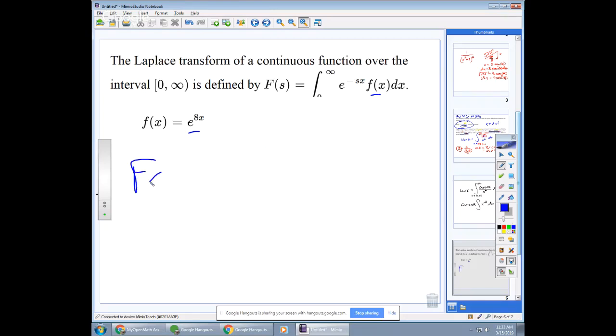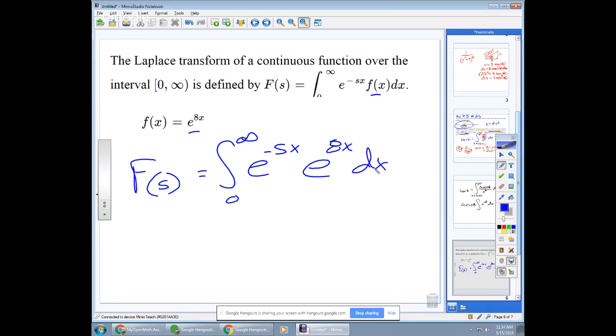My new function, capital F of s, is my variable. You know how we do u substitutions? We could say this is kind of an s substitution. It is going to be equal to the integral from 0 to infinity of e to the negative sx times our new function e to the 8x dx.